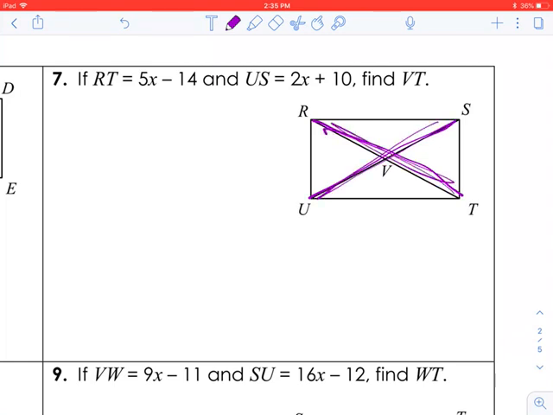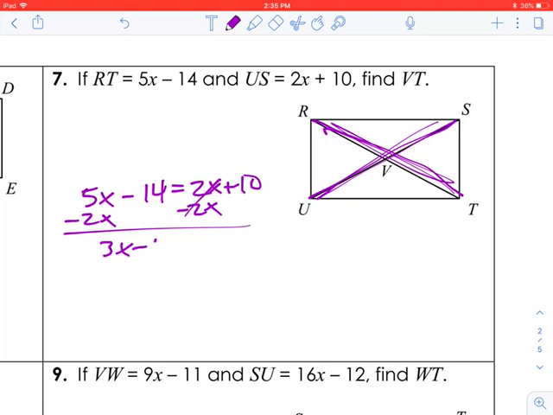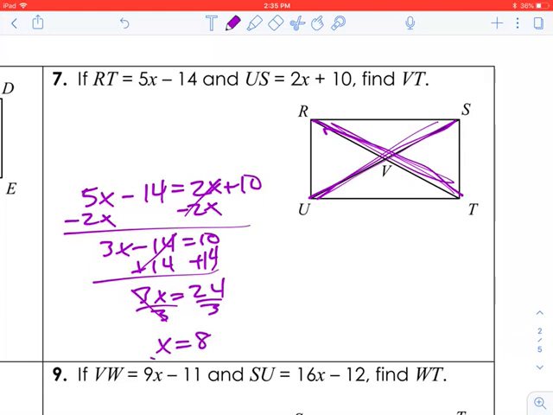So I can set those equal as well. Okay, so let's actually do this one. 5x minus 14 equals 2x plus 10. So I'm going to subtract 2x to one side. 3x minus 14 equals 10. Add 14 to get x by itself. 3x equals 24. Divide by 3, I get x equals 8.